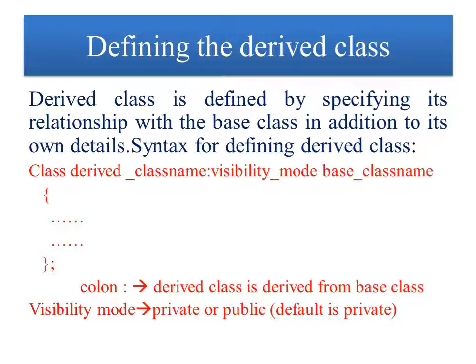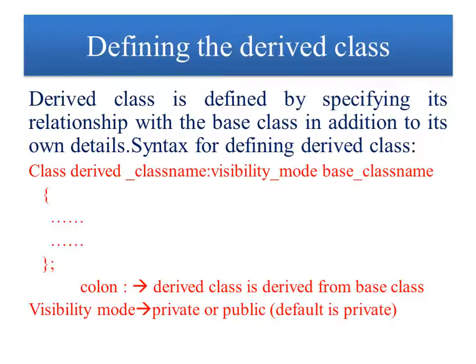Here the visibility mode is something we have already seen in the previous classes: private, public and protected. Next is the base class name. The base class is the parent class from which we are going to incorporate the properties into this new class.